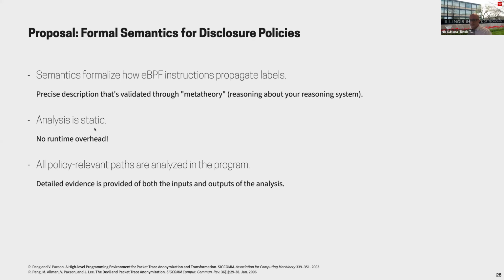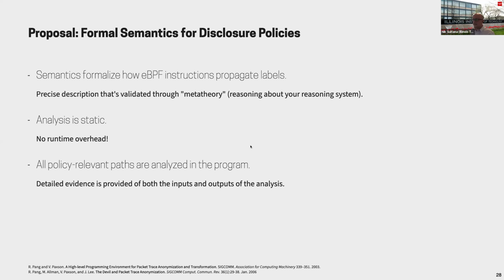Also, note that this analysis is done statically, so no runtime overhead, right? We networking types are very sensitive to runtime as well as being sensitive to security, right? So here we're being conservative on both fronts, on the security front, by having this kind of defense in depth idea for policy checking, as well as no dynamic overhead.